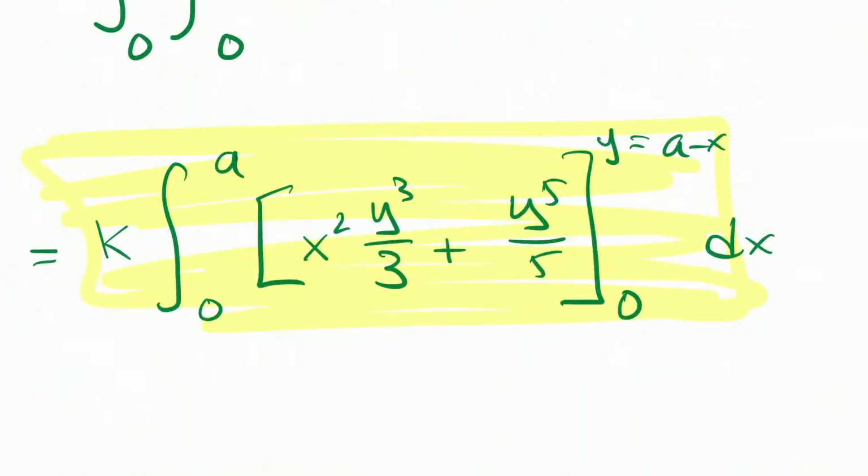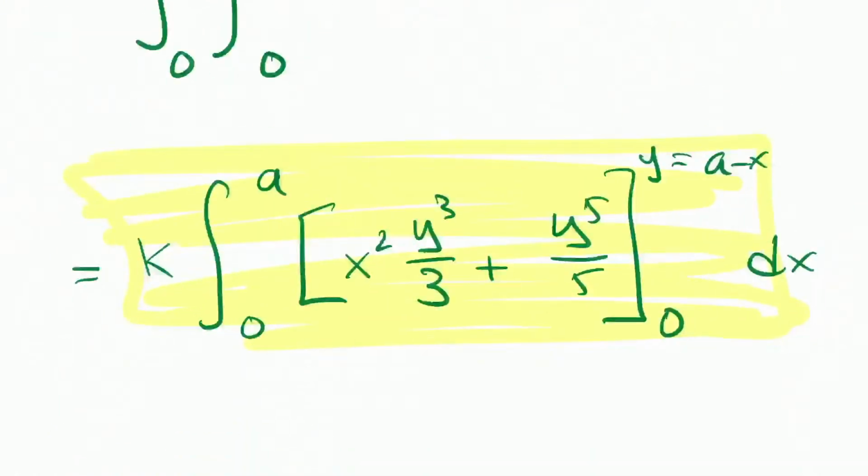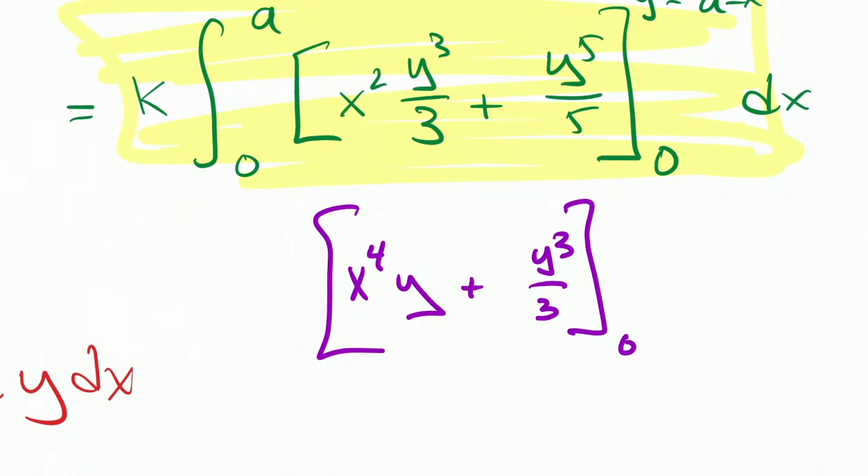And so the integral, you'd end up with this: x to the fourth, sorry, x to the fourth y plus y cubed over 3 that you would evaluate from 0 to y equals a minus x. So this is the moment about the y-axis.